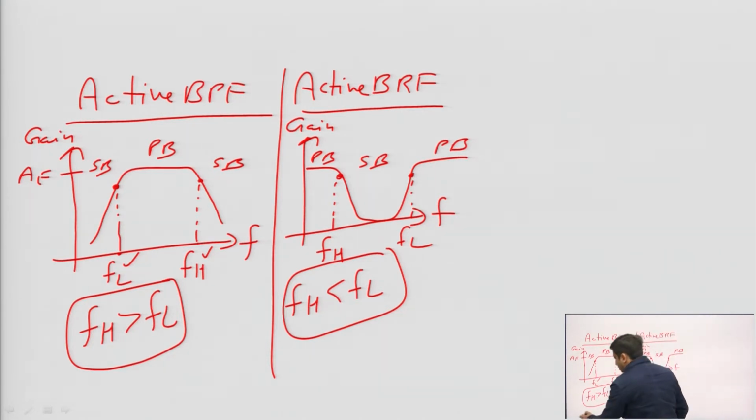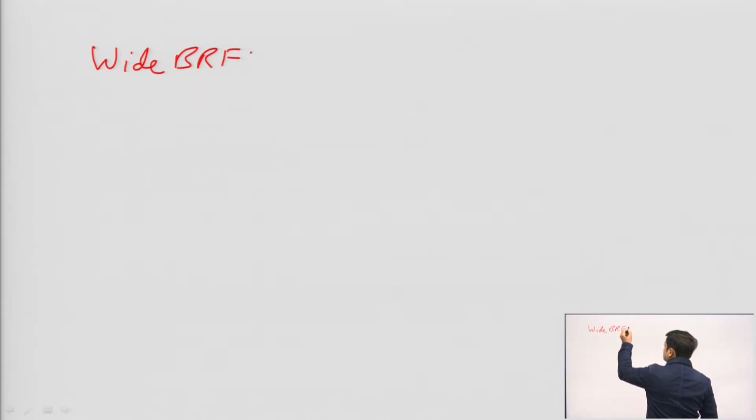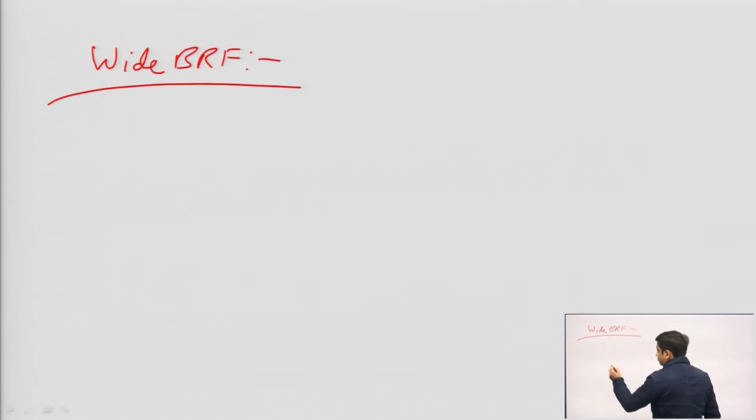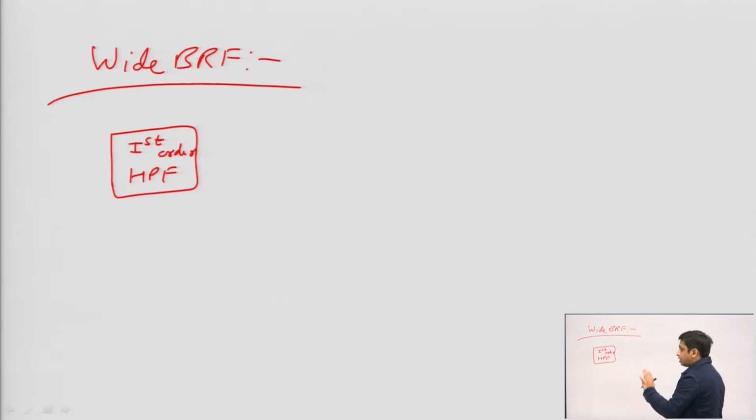So, designing of wide band reject filter is, firstly we take a first order high pass filter. We all are familiar with first order high pass filter.